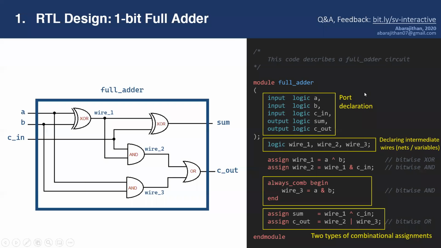The full adder RTL module has inputs A, B, C in, and outputs sum and C out. In the test bench, we are going to create wires A, B, C in and connect them to the module's inputs.